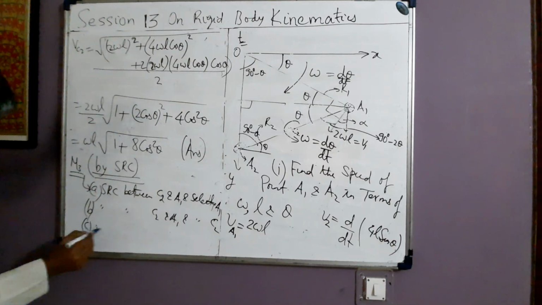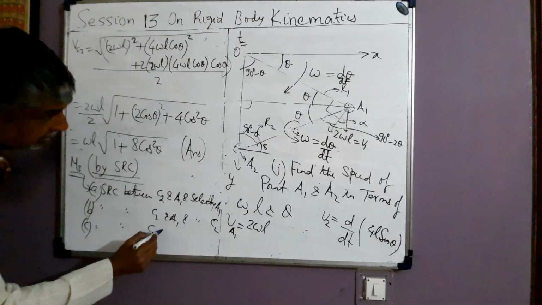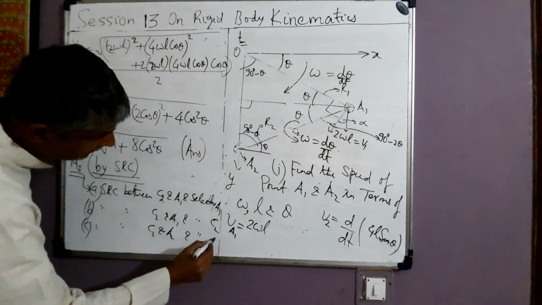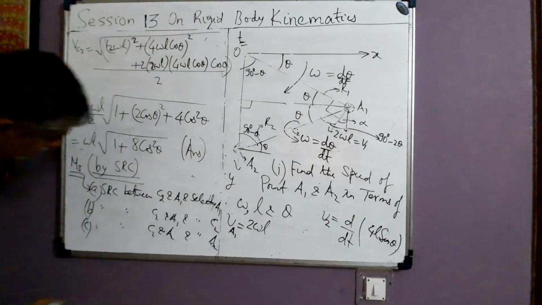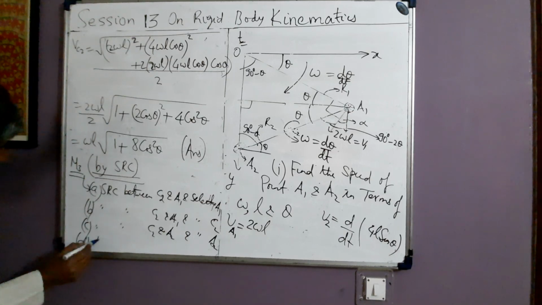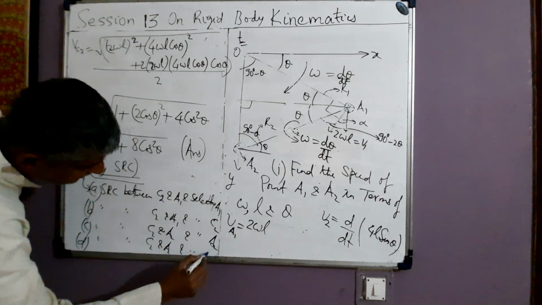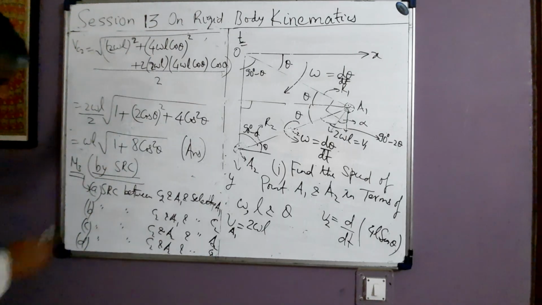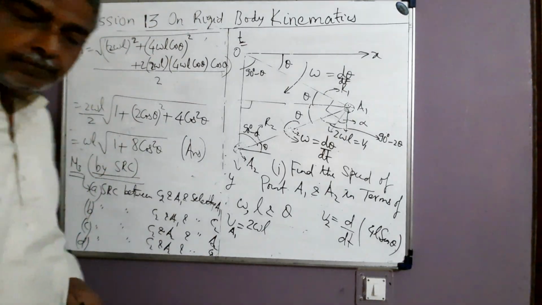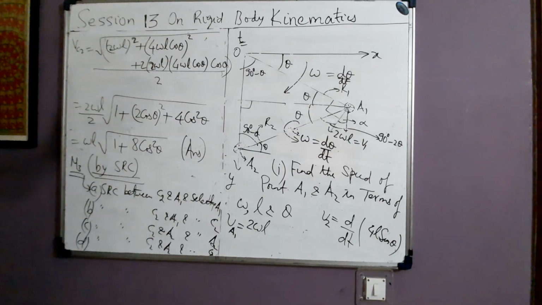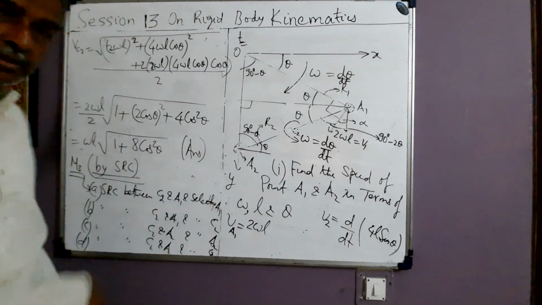C is SRC between C2 and A2 and selecting A2. And D is SRC between C2 and A2 and selecting C2. So 4 subcases will come in method 3: A, B, C, D. Now we solve the problem by using each of these methods.